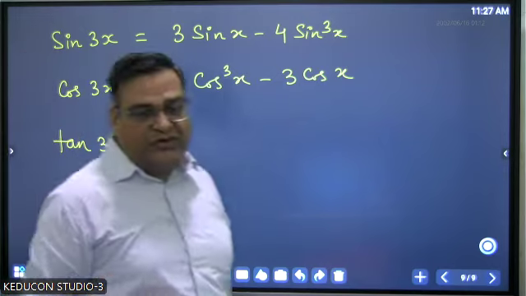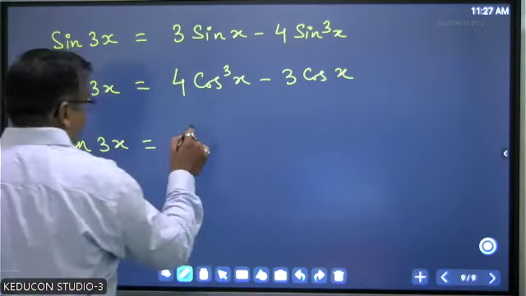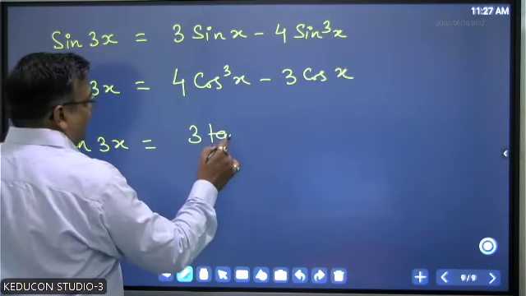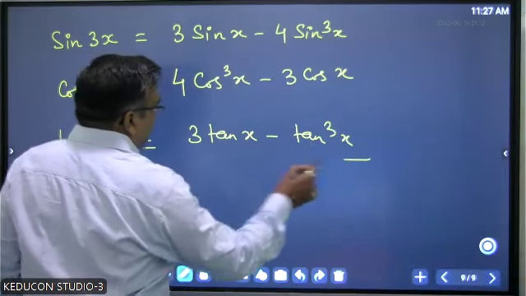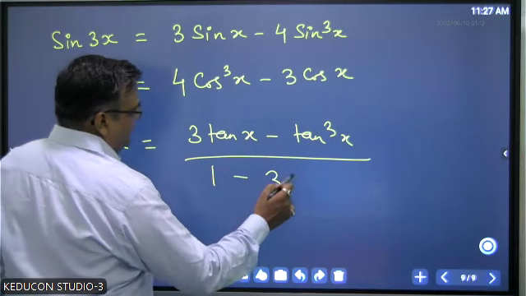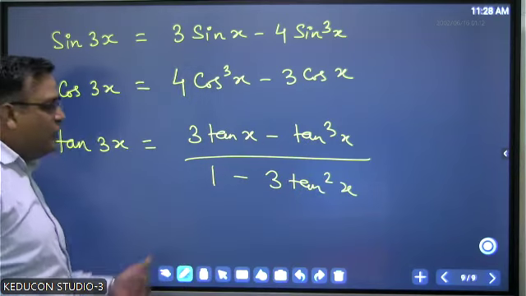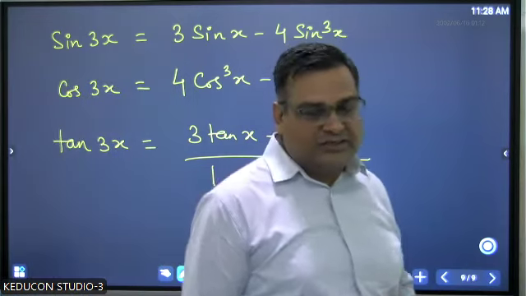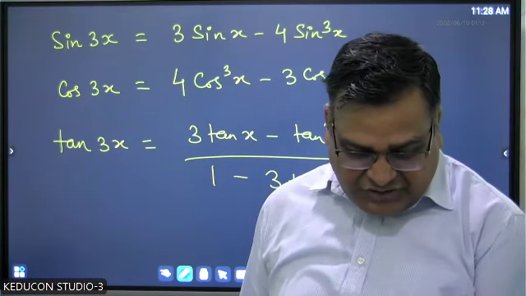The formula for tan 3x is 3 tan x minus tan cube x over 1 minus 3 tan square x. So this is the formula for your tan 3x, students. Please note it down, and now we'll be doing some questions on these formulas.